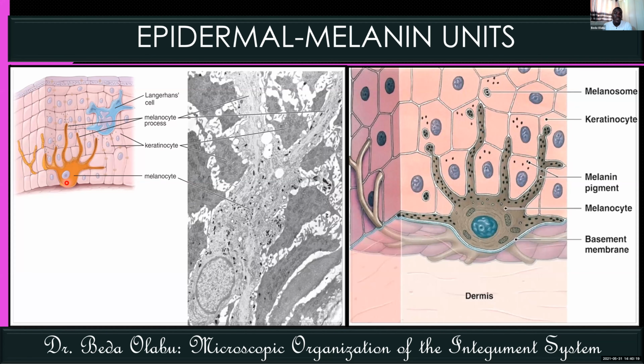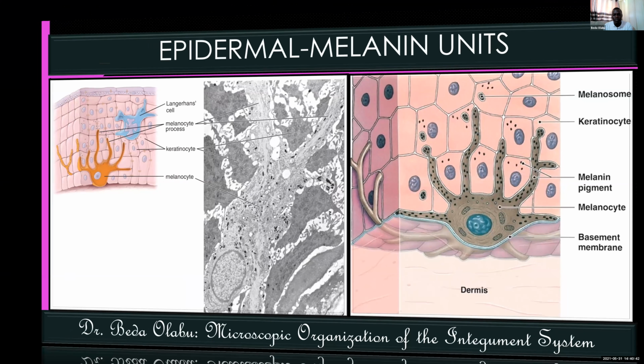But the melanocytes paradoxically don't stain because they distribute their pigment to the surrounding keratinocytes. So I told you earlier that generally the epidermal melanin units are relatively constant among human beings. What varies is the activity of the melanocytes.